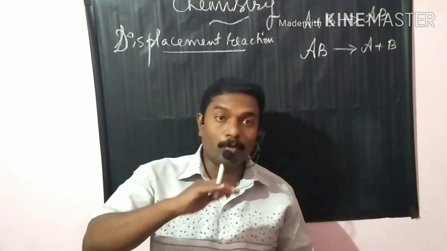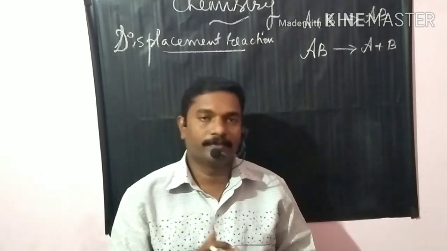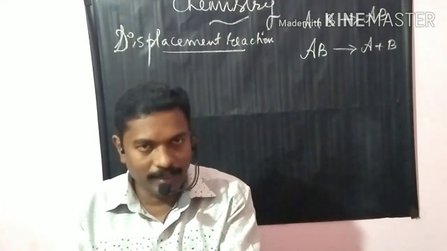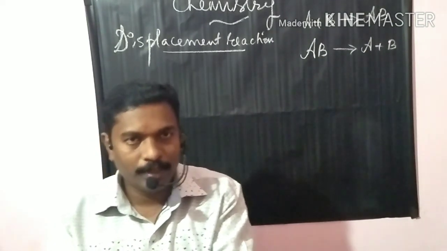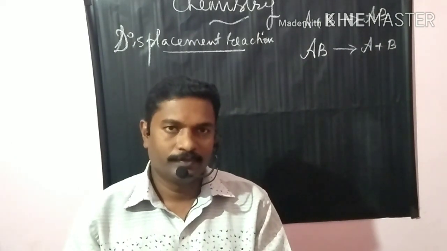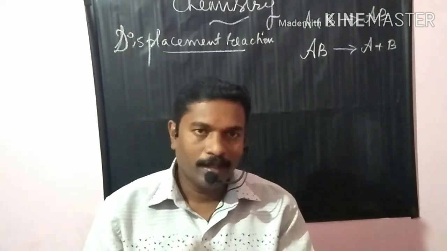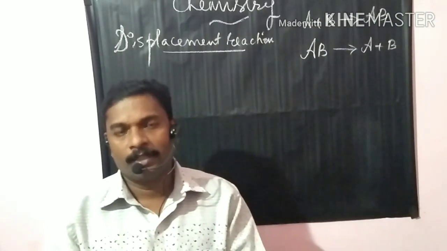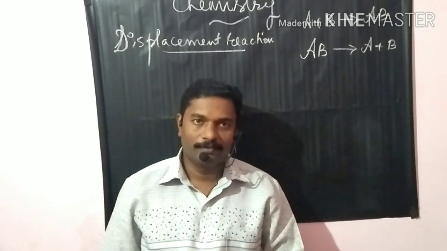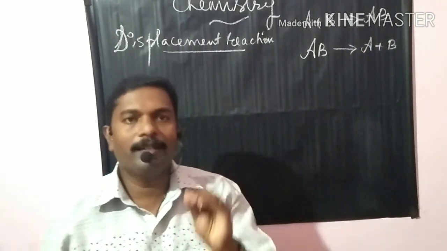That is, the blue color fades and gradually changes to a pale green. At the same time, the iron nail becomes brown in color.